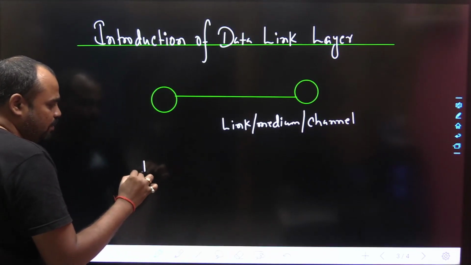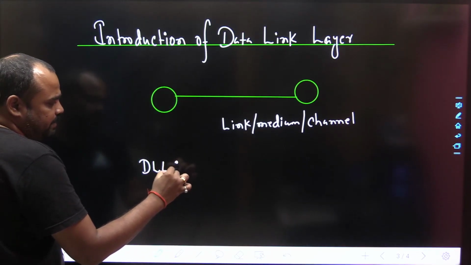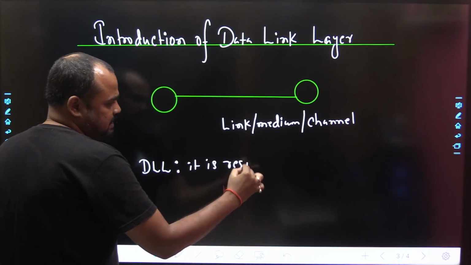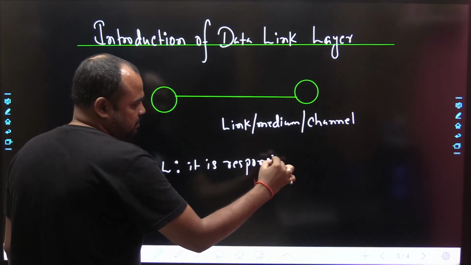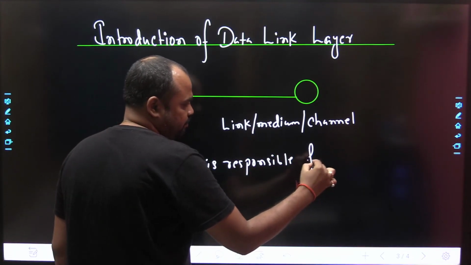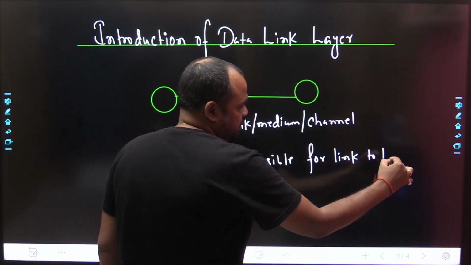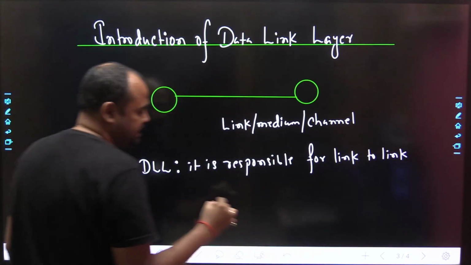And what we know about the data link layer is that it is responsible for link to link communication.